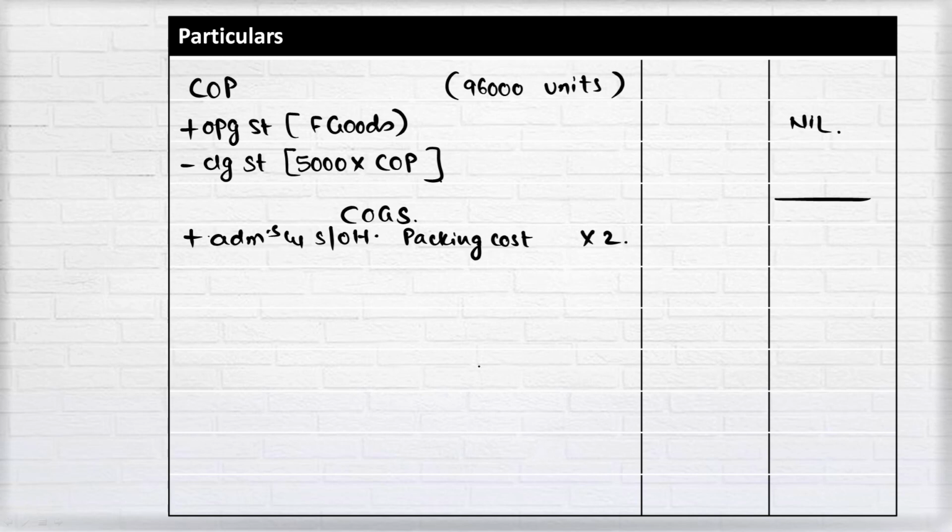How many units into 2? How 91,000? Exactly. 96,000 units were manufactured. Opening is 0 and closing is 5,000. So sold will be 91,000 into 2. This is 1,82,000.